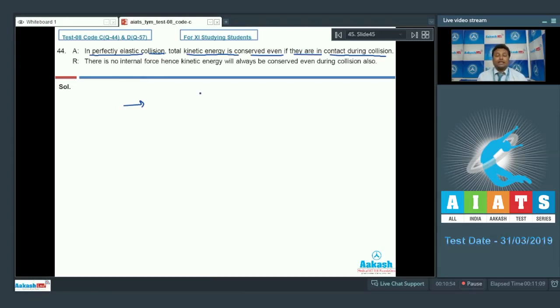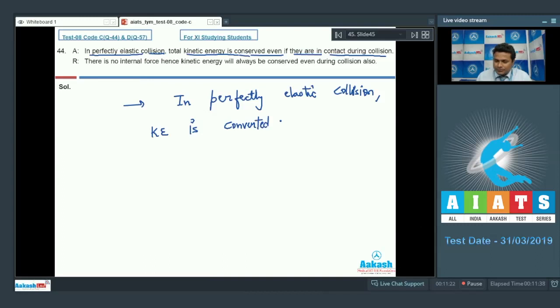Means during collision the kinetic energy will not be conserved, it will be changed by some part into potential energy. So we know that in perfectly elastic collision kinetic energy is converted into potential energy when particles are in contact.